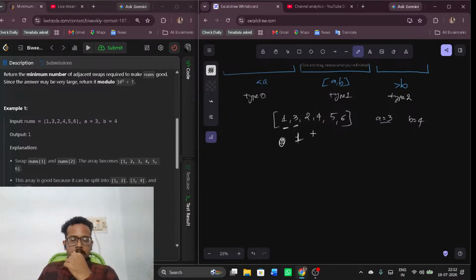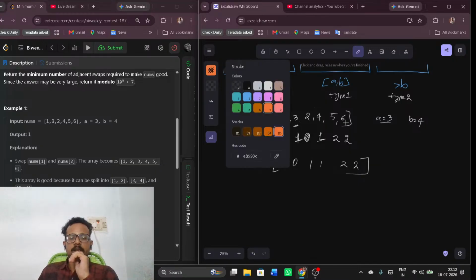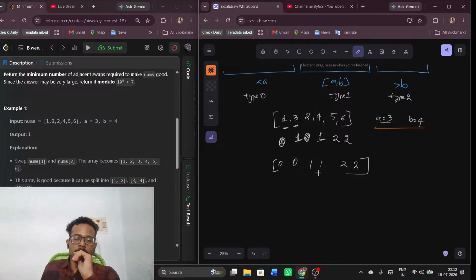So this would go to type 0. This is in B, so this would go to type 1, and greater than B is already in the exact place. It should be 0, 0, 1, 1, 2, 2. Let me tell you, it should be in this way, but there is something which we need to address. Now I have type 0, now I have type 1.